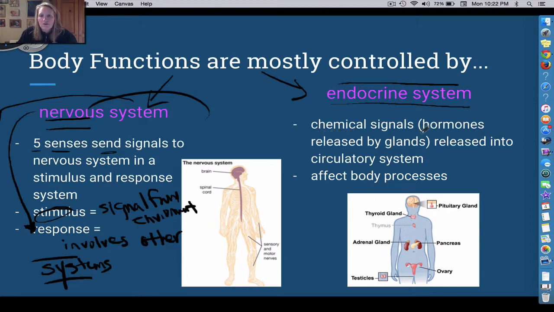This is where hormones are produced, and that's what tells your body to function the way that it does, or to act the way that it does. So the endocrine system releases hormones through these glands into the circulatory system, and it affects how your body then functions. Okay, that would be the end of section 1.2.